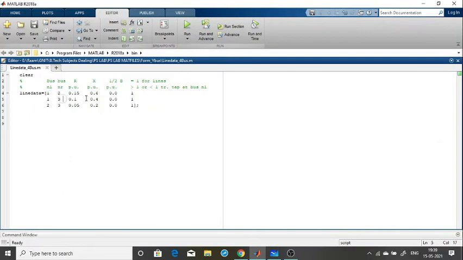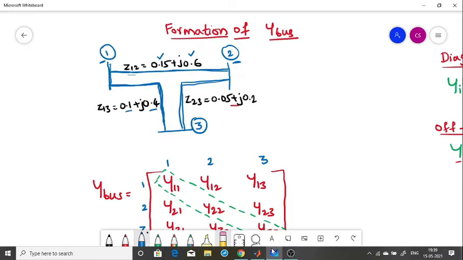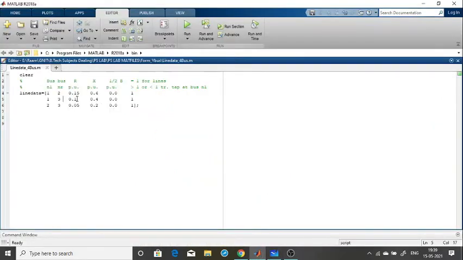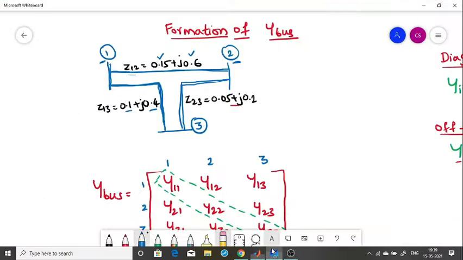So from 1 to 3, what is the data here? We have 0.1 plus j0.4. So resistance is 0.1, reactance is 0.4, no susceptance, and we don't have any transformer there. Next, bus 2 to bus 3, there is a resistance 0.05 and reactance 0.2, no susceptance and no transformer. Okay, so 0.05 plus j0.2.